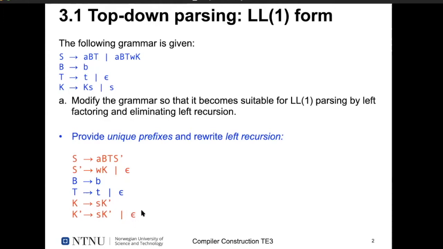We now can finish this recursion by generating just an empty string, epsilon, which would mean K could actually resolve to just a single S and nothing behind it. And that's the same as if we took the production from K to our single S up here. Okay, I think that wasn't too difficult, but that's a typical task you have to do in order to make sure, if you have an LL1 parser, that your grammar actually works with it.